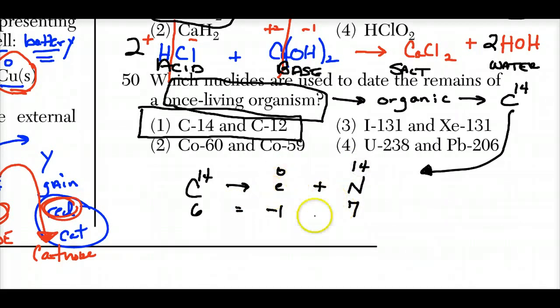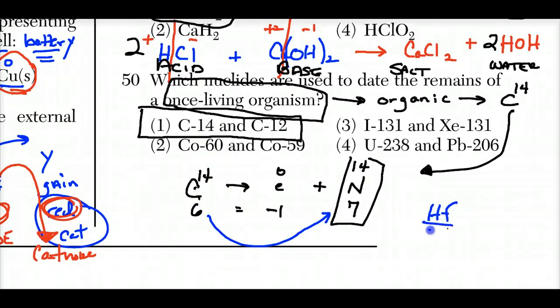Notice all the numbers on one side equal all the numbers on the other. So over time, carbon-14 will decay into nitrogen, and you'll have less of it. And we know the half-life of carbon-14, the amount of time it takes to halve. So depending on how much carbon-14 we have left, we can get the date.